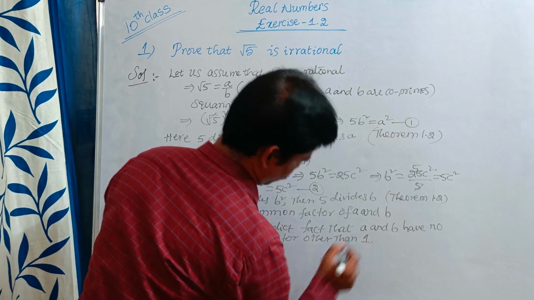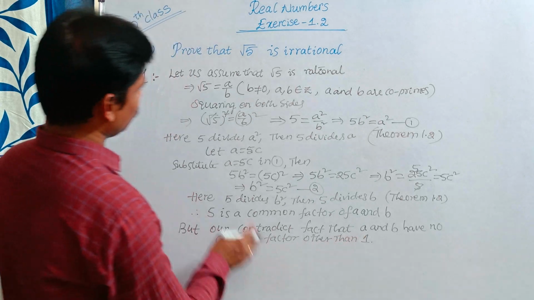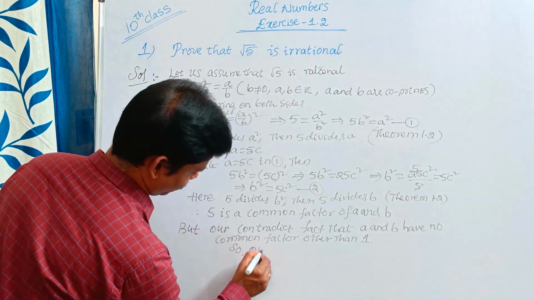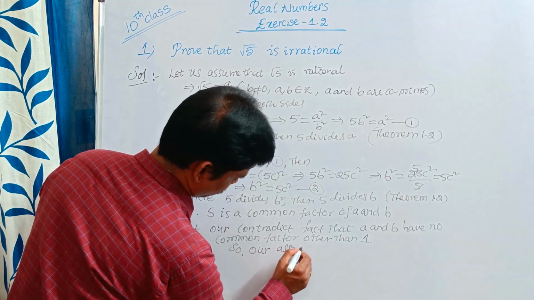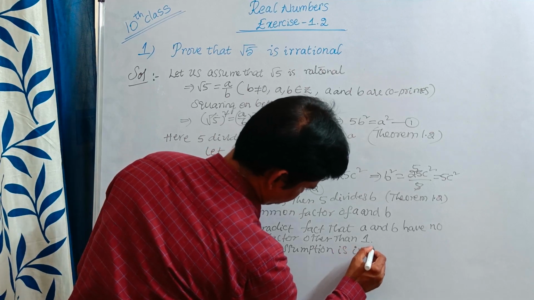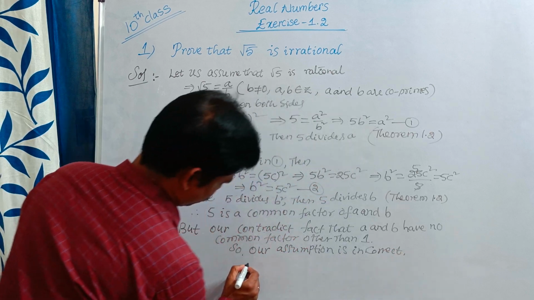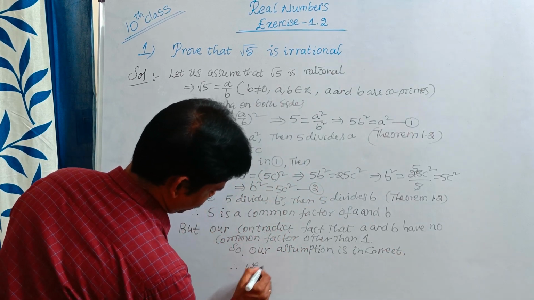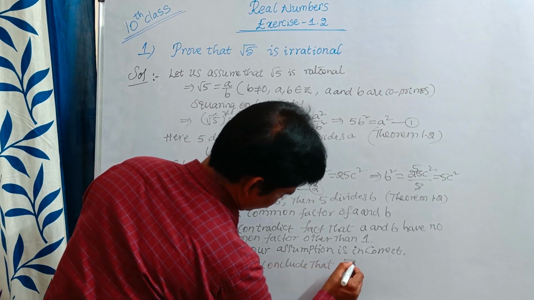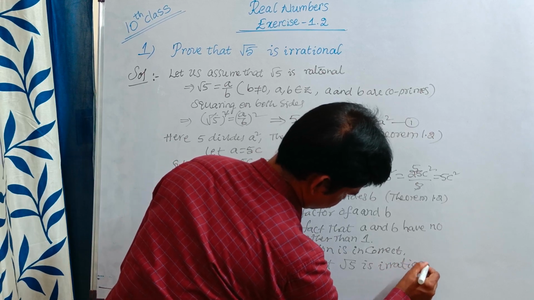So our assumption is incorrect. Therefore, we conclude that root 5 is irrational.